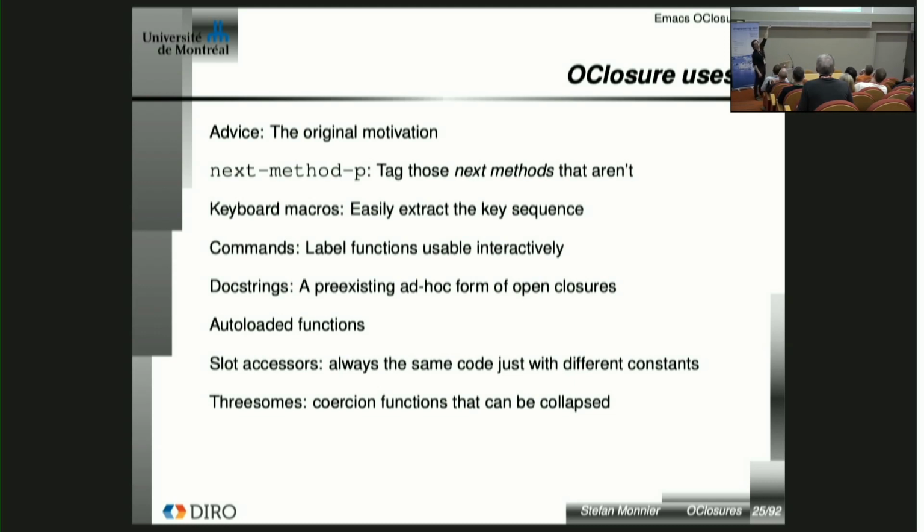Other than the advice, of course, I use it for next-method-p, where we need to decide, is the next method really a next method, or is it going to signal an error? Or apparently in some implementation, just do nothing. And so instead of having to figure this out via some extra side information, I can just check the type of this function. Is this a real next method, or is it the special one that just does nothing or that signals an error?